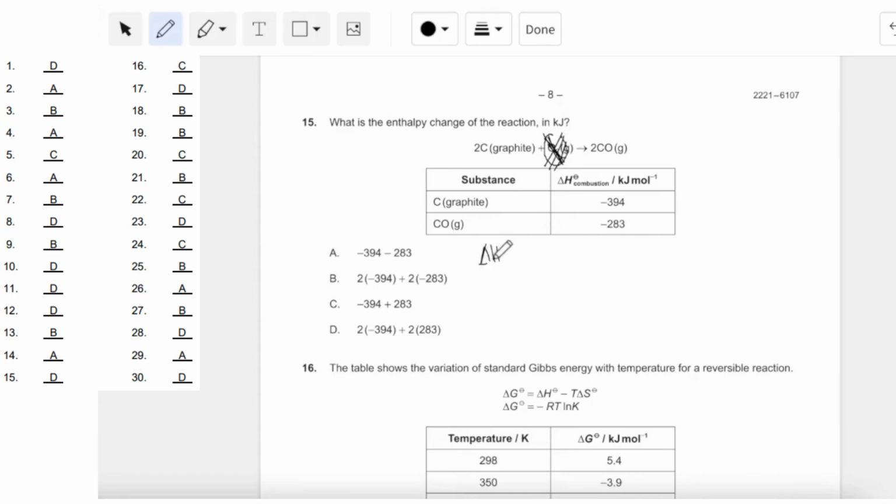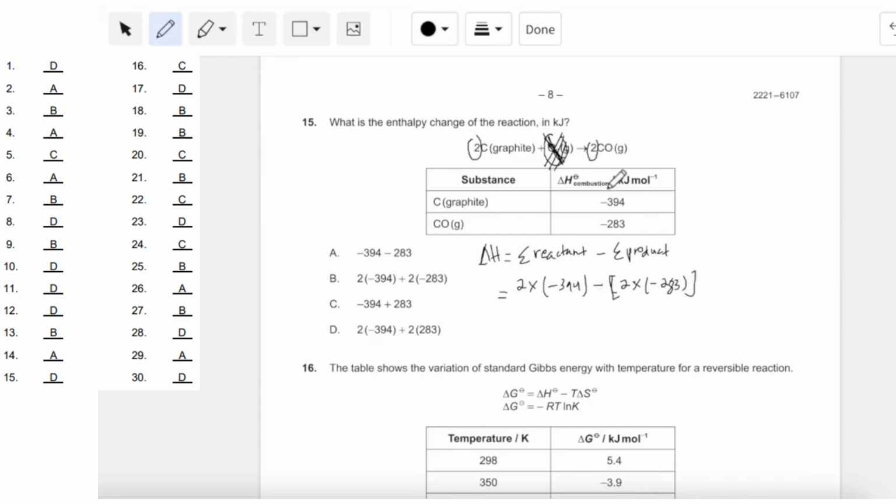So delta H will be reactant minus product. Don't forget, it has 2 here, and this one also has 2 here. So 2 times graphite, which is C, negative 394, minus 2 times minus 283.